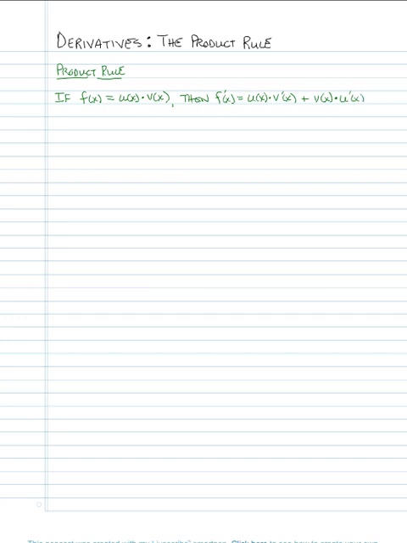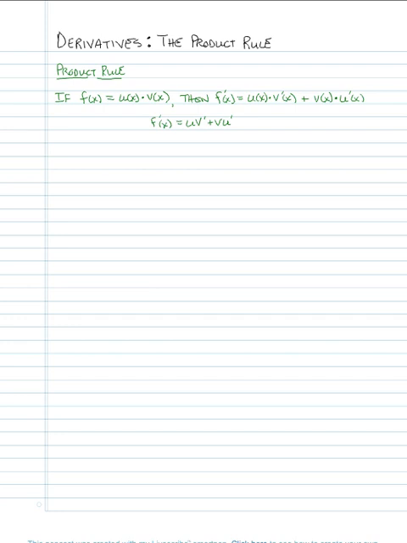Now, sometimes in shortcut notation, we would say f prime of x is simply equal to u times v prime plus v times u prime. We'd forego the x's. And of course, an alternative method of writing this rule is when we don't even have an f function named.